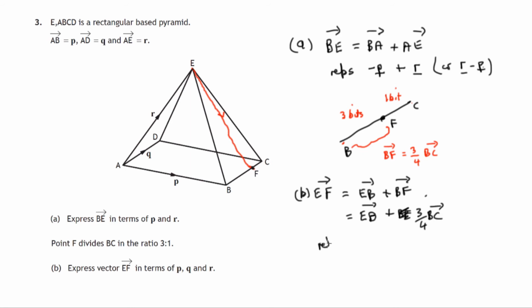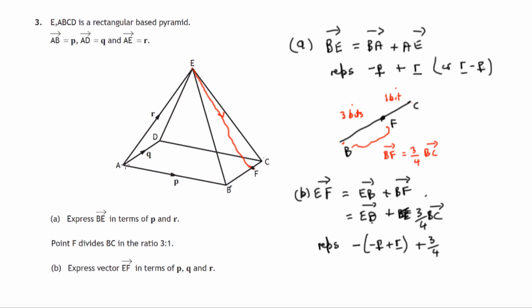So what does all this represent? Well, E to B goes against the arrow. That's an ouch case where it's the negative of what we found in this case. So it'd be the negative of negative P plus R. It's not B to E, it's E to B, the opposite way. Plus 3/4 of, do we know about the journey from B to C?